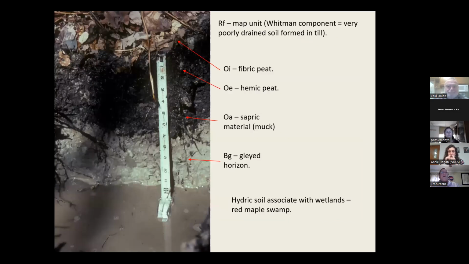Wetland soils. This is a classic example of what we call a very poorly drained soil. We have a very thick organic layer. That black material is not mineral soil. It's actually organic. It's an O horizon. And anytime you get thick organic horizons underlain by really gray soils, that's what we call a hydric soil.